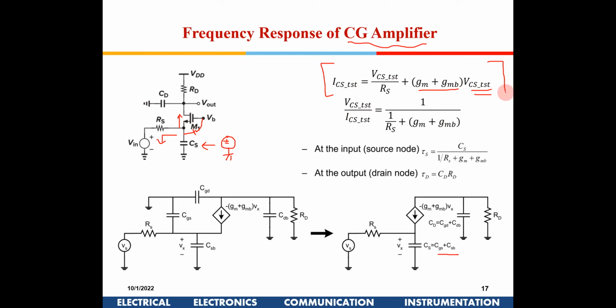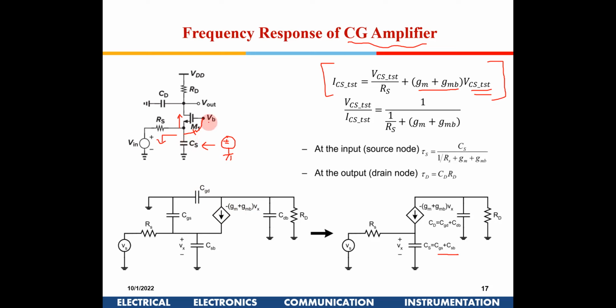If you have any doubt, ask me. See, I am putting a test signal instead of VCS. Okay, I am keeping this open. I am putting a test signal here. When I am putting a test signal, what are the currents which will flow? One is Vtest divided by Rs here, and one current will flow towards the top. What is that current? Okay, if I make the equivalent circuit here, it will be gm plus gmb, because there is a body effect also, into this voltage out here.